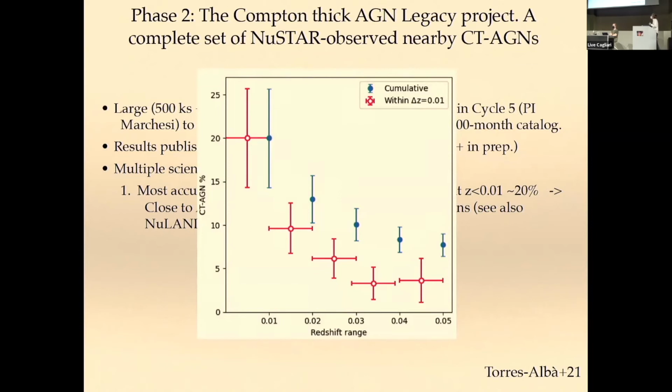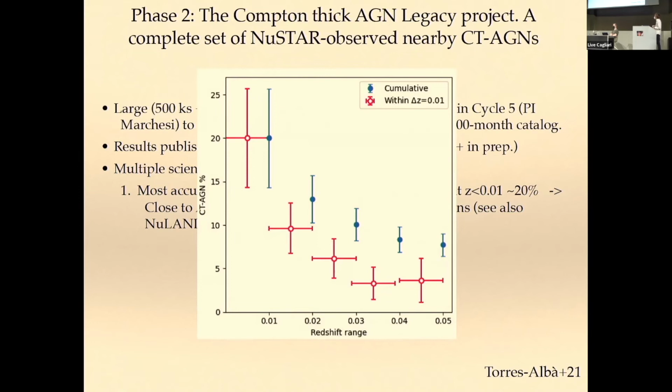In the lowest bin, our numbers go up to almost 28%, which is in close agreement with the prediction of the recent Ananna model, if you take into account the flux limit achieved by Swift-BAT, which for their model, the prediction is about, I think, 38%. So it seems that now we are really getting towards an unbiased sample, at least in a very narrow redshift bin.